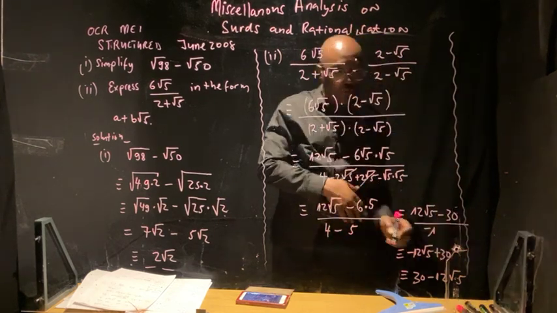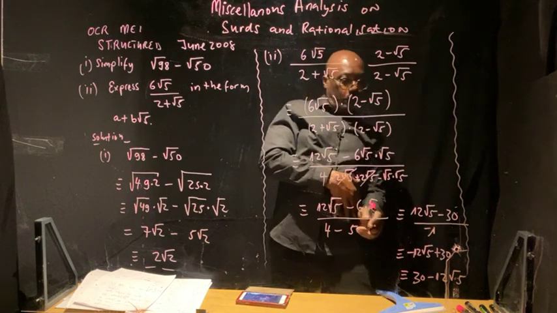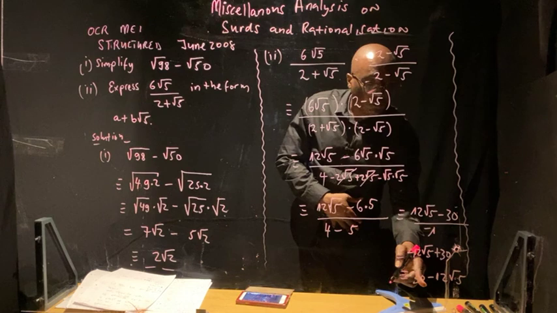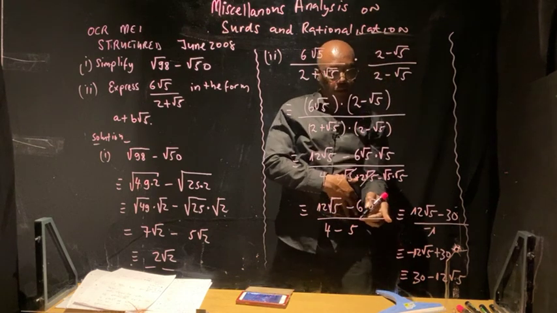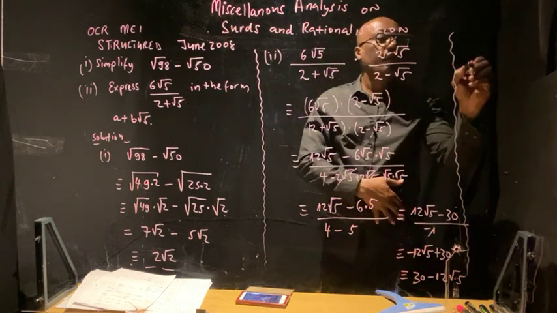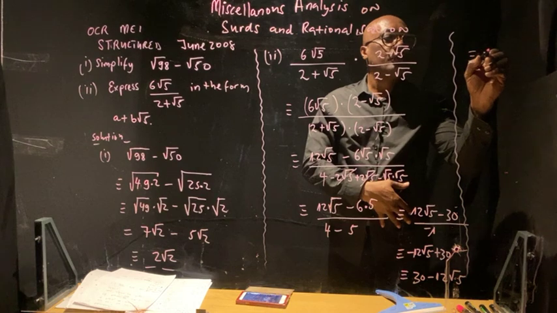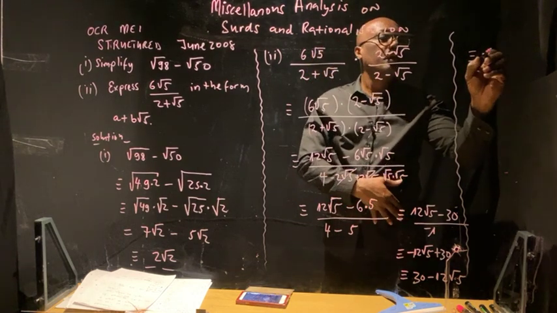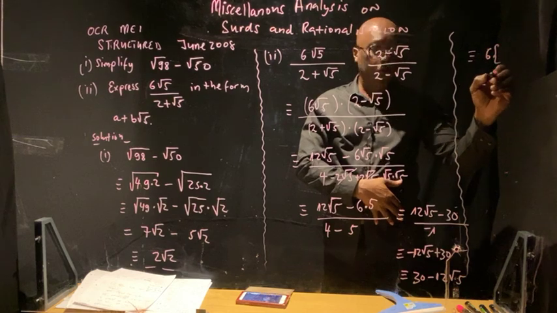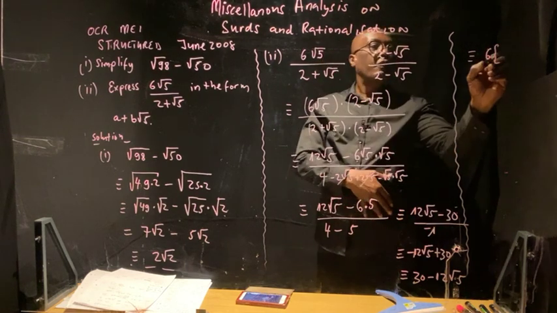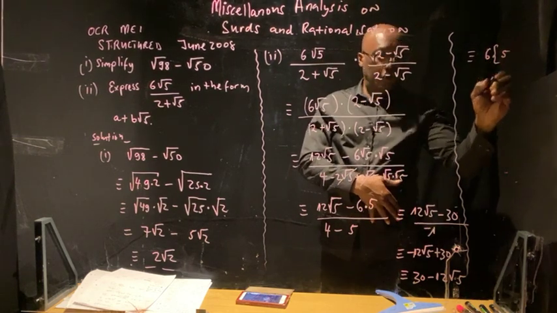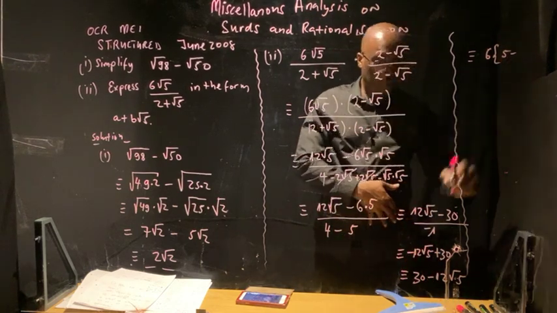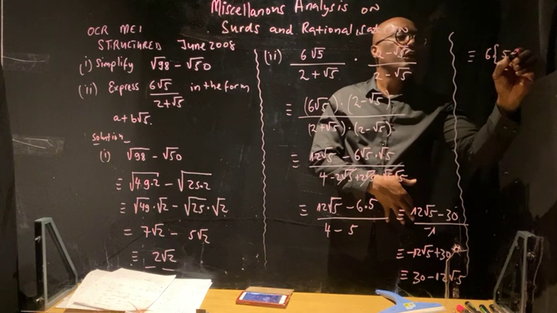Or if you want to go further, you can see that there's a common factor, which is, I think, 6. So we can factorize 6 outside. So it becomes 6 being factorized out, 5 minus 2 root 5.